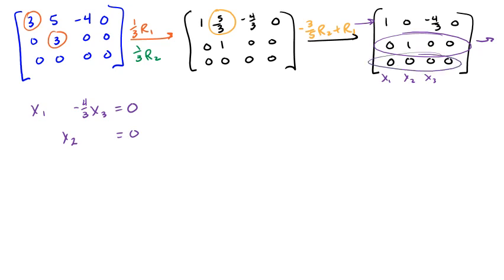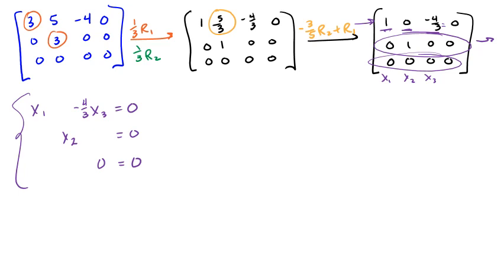And then here, nothing's happening, so 0 equals 0. Okay, so all I did was rewrite this using these as the coefficients of our equations to get this. All right, so this is basically my system of equations.